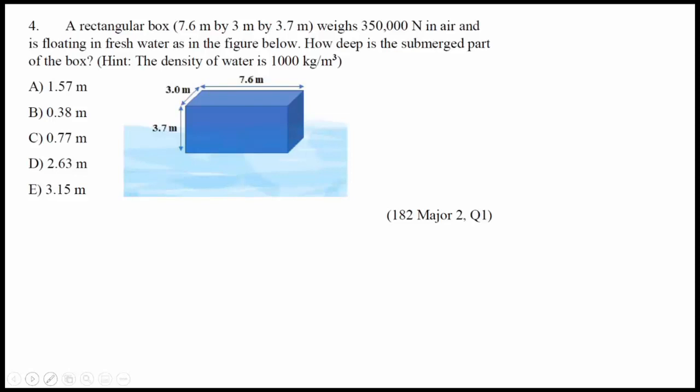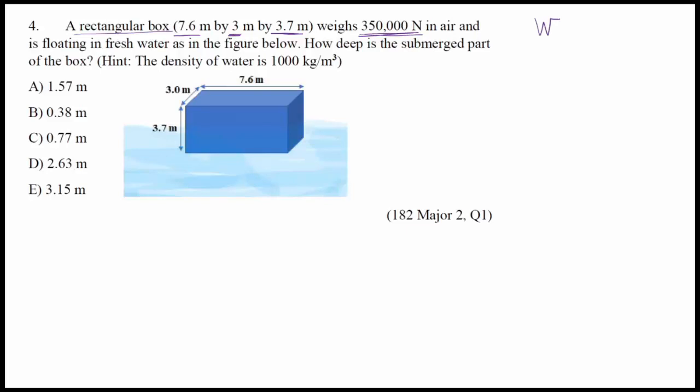So here I have a rectangular box, like a piece of wood or ice. It has dimensions 7.6 times 3 times 3.7. In this problem, guys, I will need you to have a calculator so you can calculate with me. It weighs 350,000 Newton.